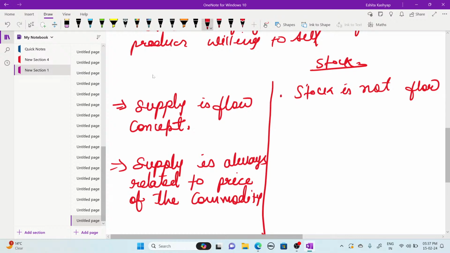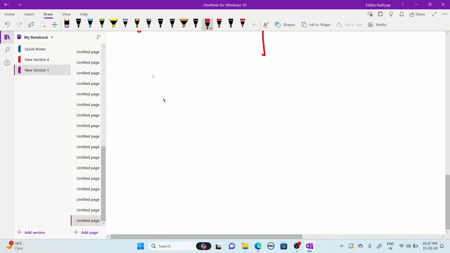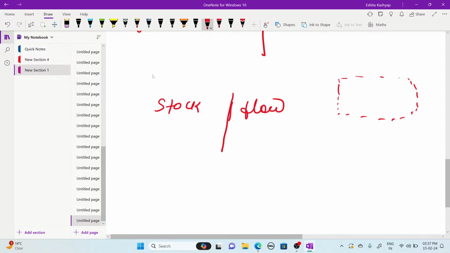Now, what is the difference between stock and flow? This question might be wondering you, so let me tell you in brief. Let's take an example. There is a tub with a tube attached. When water is flowing from the tube, this refers to the flow concept.